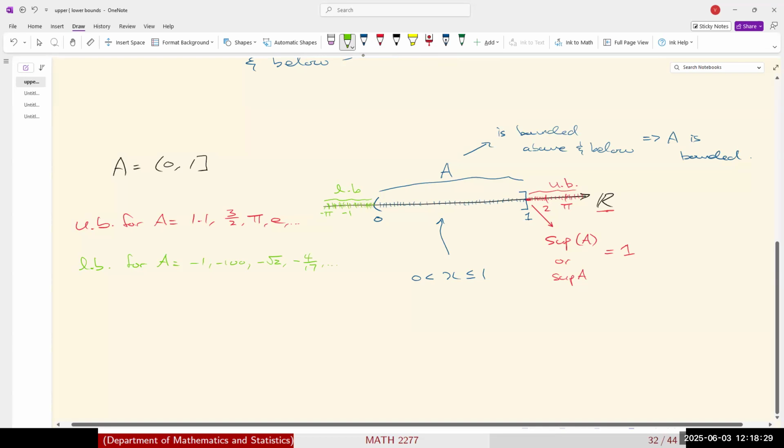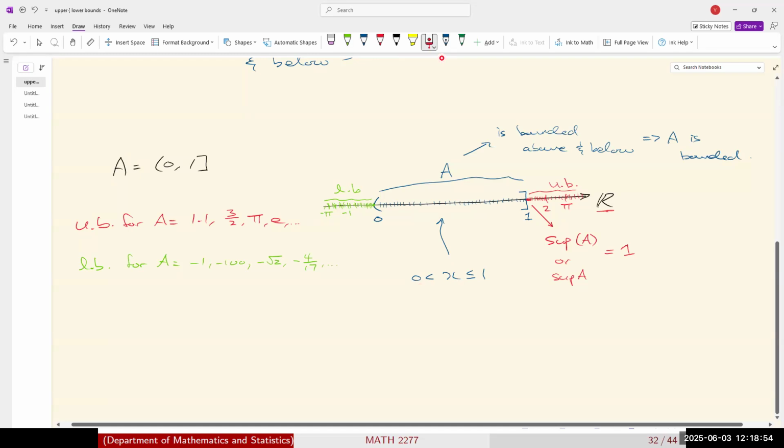Now 0 is not in the set, but it doesn't matter whether or not the lower or the upper bounds are in the set. That doesn't matter. So 0 is not in the set, and that's okay. But notice 0 is very special because 0 is less than everything in the set. So 0 is a lower bound.